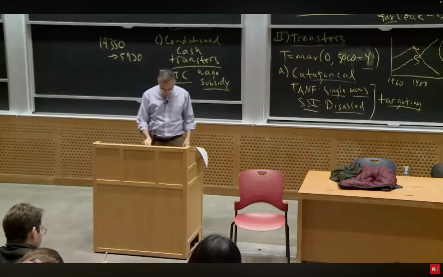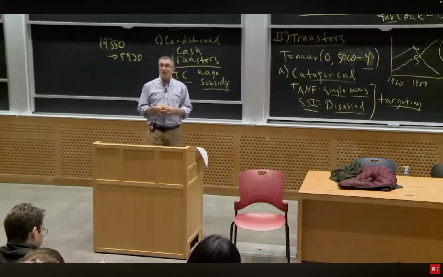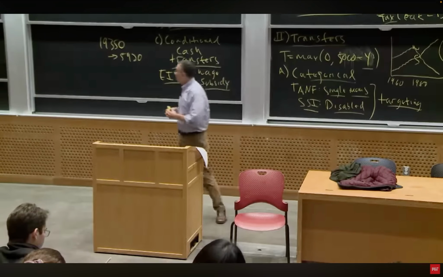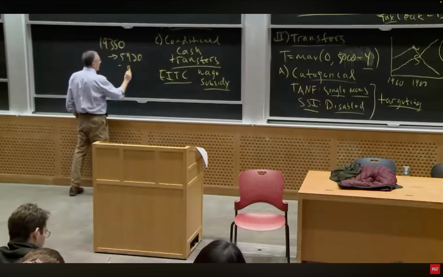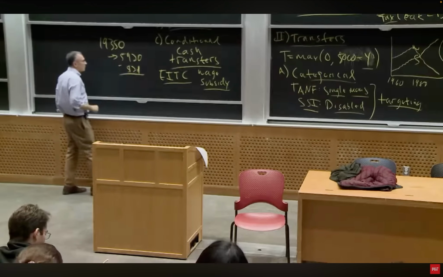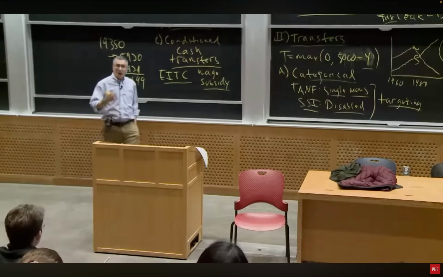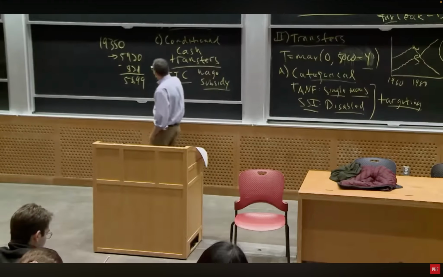What happens if they earn $100 more? Well, they get the $100, but they lose $21 of their $59.20. Their $59.20 goes down by $21. So they end up only at $58.99. Why? Because we're taking it back away as they earn money. So effectively, we are taxing them.